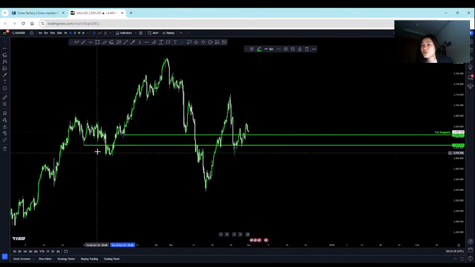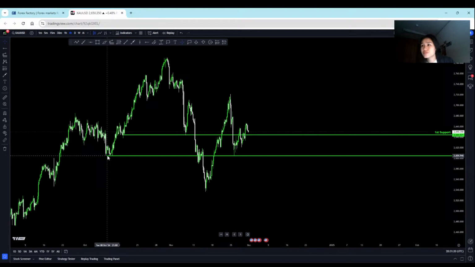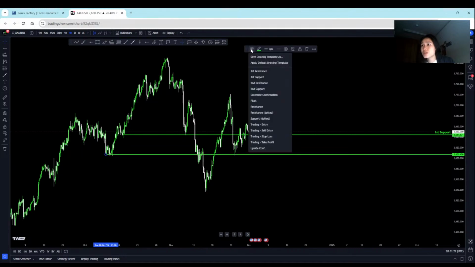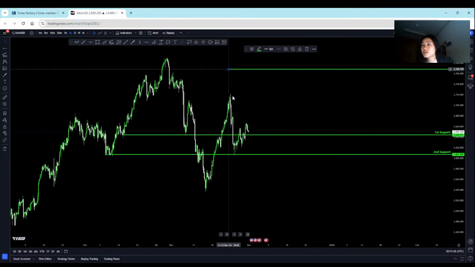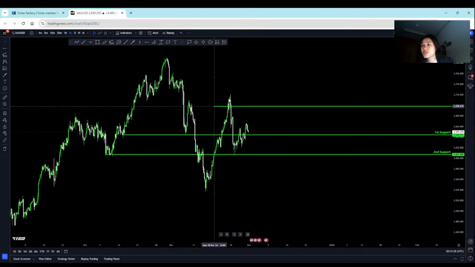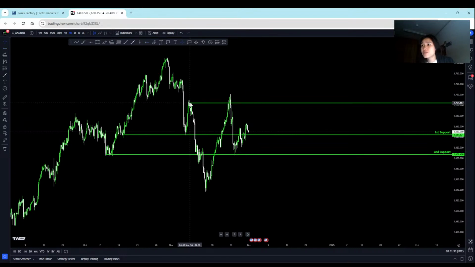Here's my first support, second support, and first resistance up here.